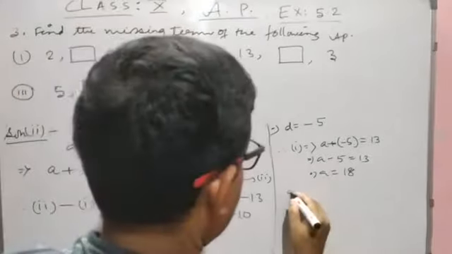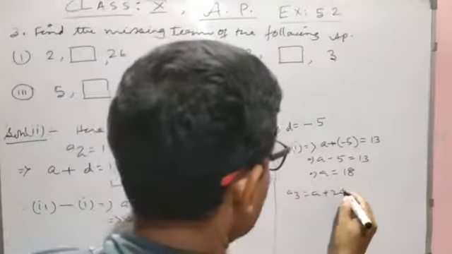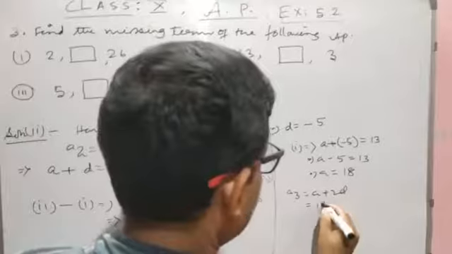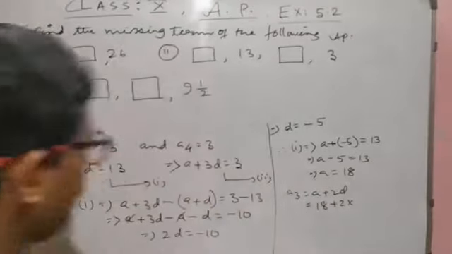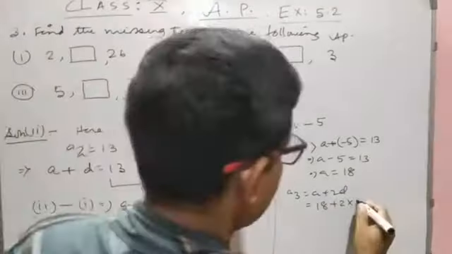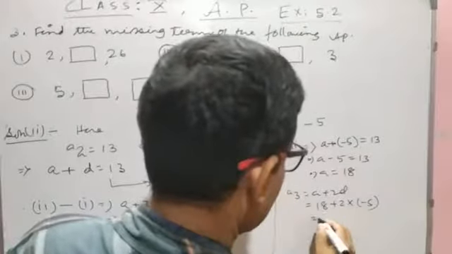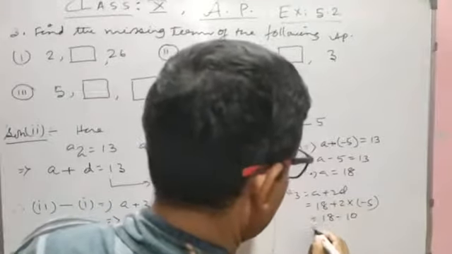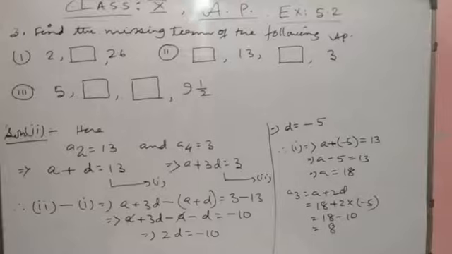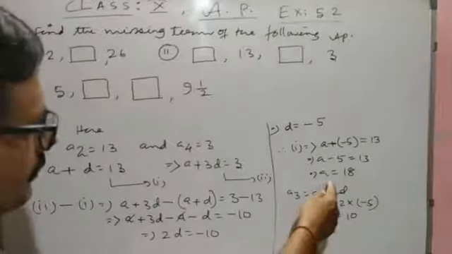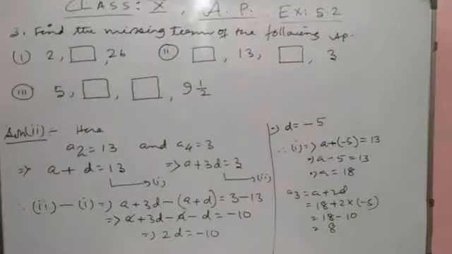Therefore a3 equal to a plus 2d. a means 18, 2 into d, d means minus 5. So it will be 18 minus 10 equal to 8. Therefore 18 and 8 are the missing terms, this and this.